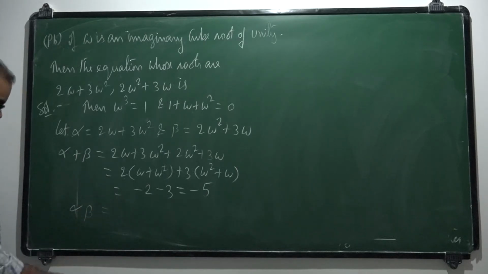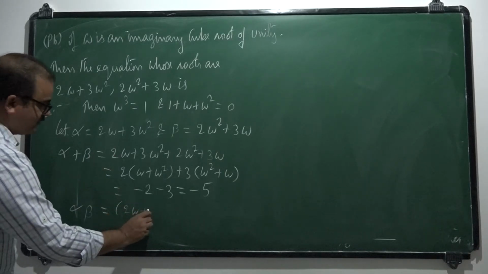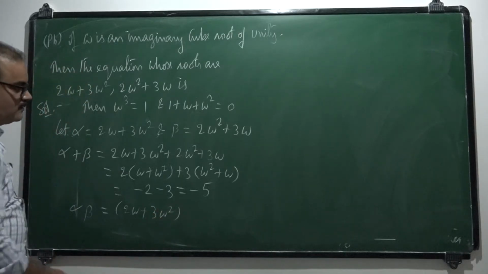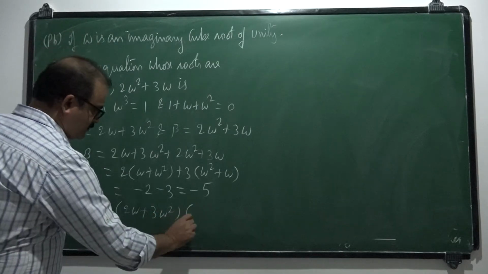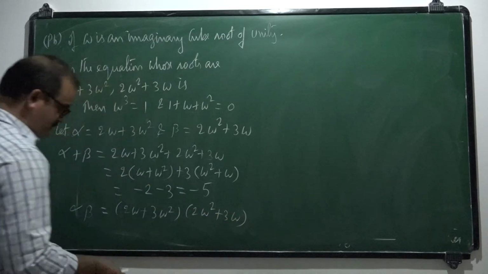Next, find the product alpha into beta. What is alpha? 2 omega plus 3 omega square into 2 omega square plus 3 omega.